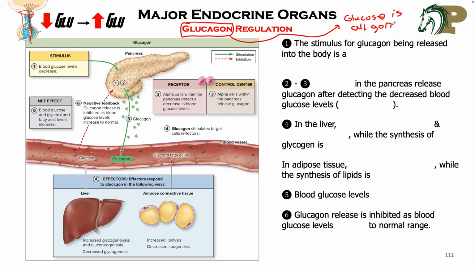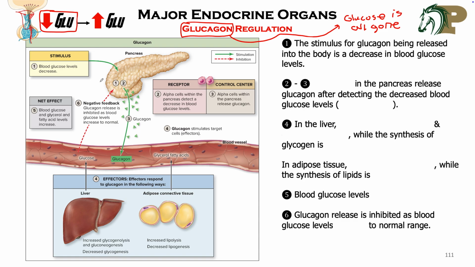So glucagon, glucose, all gone. So glucagon will be released when glucose levels are low. And that's going to be the stimulus for glucagon being released, a decrease in blood glucose levels. And just remember, glucagon, glucose, all gone.